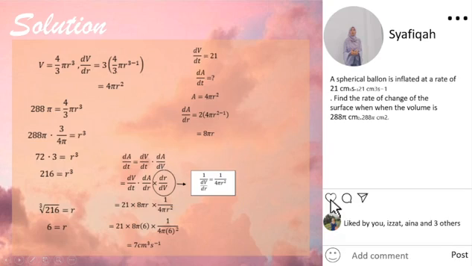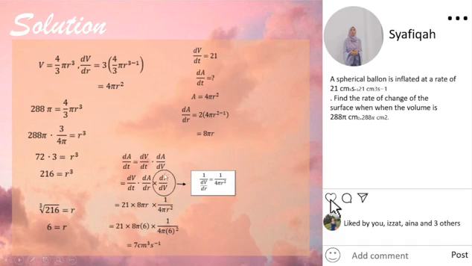We need to multiply dA over dV first with dr over dV, and it will become dV over dt multiplied by dA over dr multiplied by dr over dV.